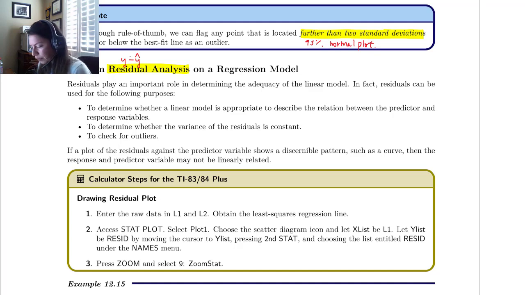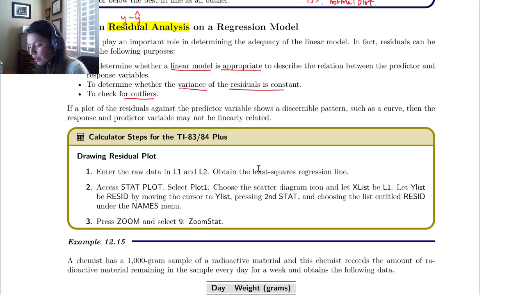The reason we do this, and I put a couple of bullets here, is to determine whether the linear model is appropriate, to determine whether the variance of the residuals is constant, and to check for outliers. It's really important to note that just because we have a high correlation between two variables, it doesn't necessarily mean that a linear model is appropriate.